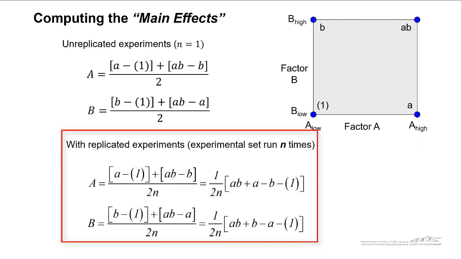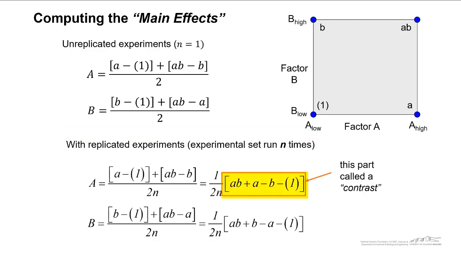It's important to note here that all of these alphabetical notations here, like A, B, and (1) in parentheses, now represent the sums of all of our experimental runs. And hence, when we divide by n, we're taking the average. By the way, this is really important. This part, without the 2 and the n on the denominator, is called the contrast. And so we're going to use contrast quite a bit when we talk about factorial designs.